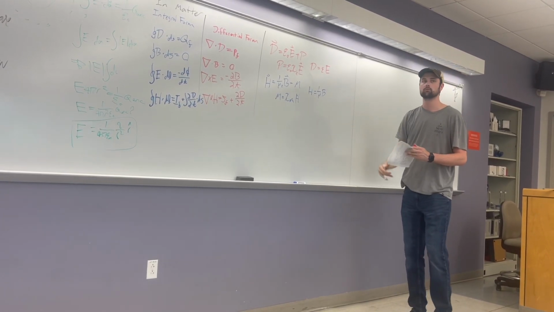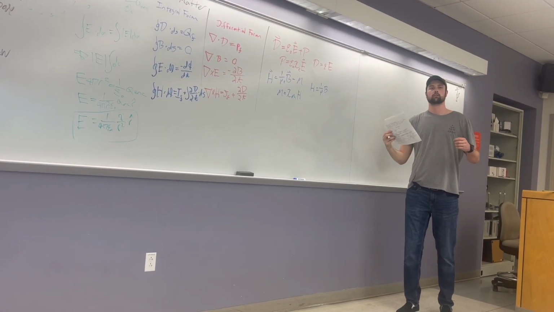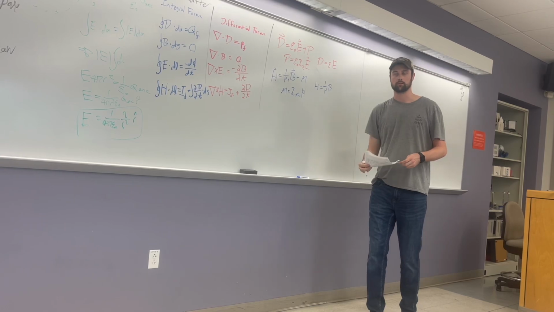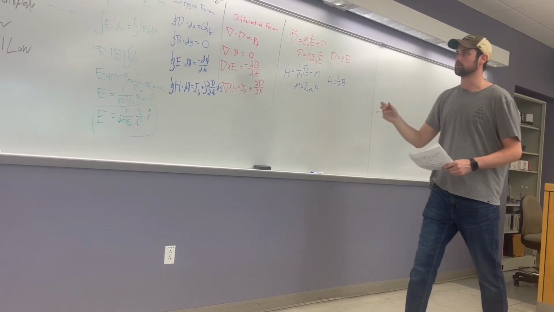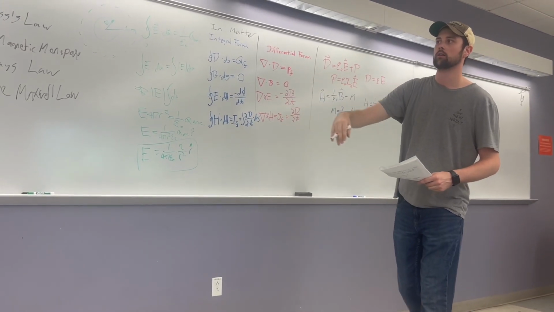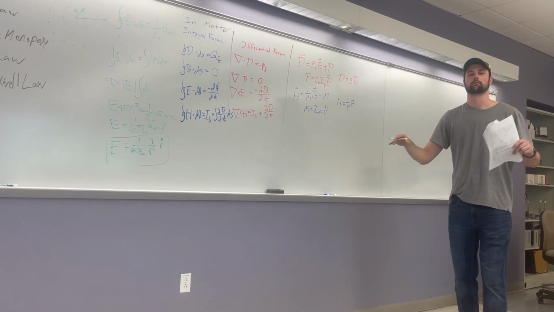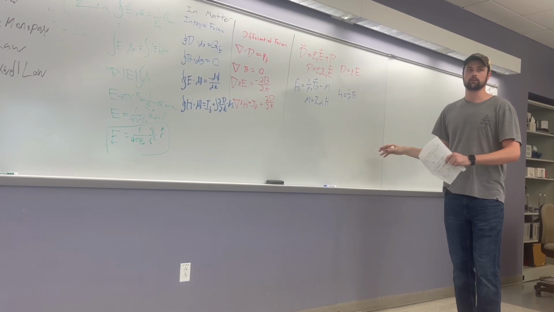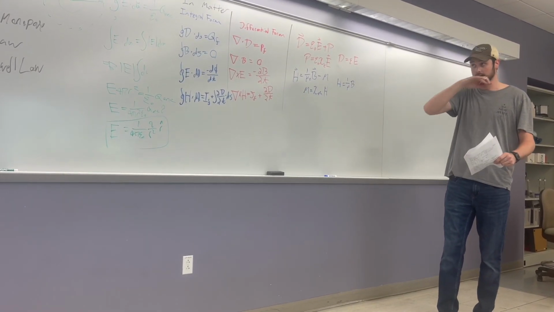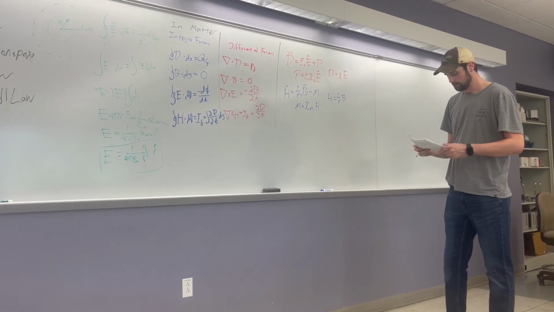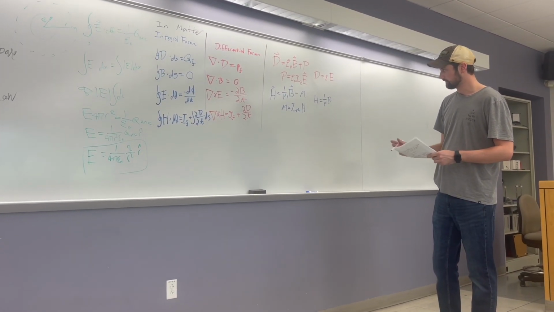Now epsilon and mu refer to the permittivity and permeability. And usually we denote those as epsilon naught, mu naught. Well, those are the permittivity and permeability of free space. In a material, that material is going to have its own permittivity and permeability, which is different than that of free space. And they can be defined as follows.